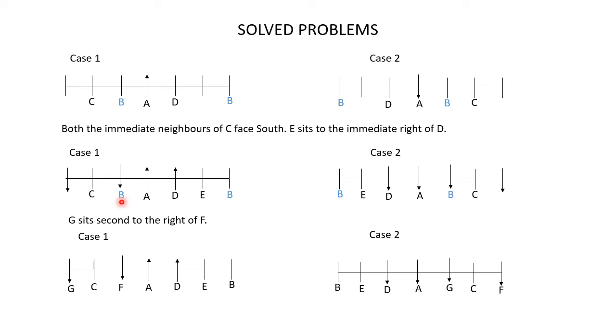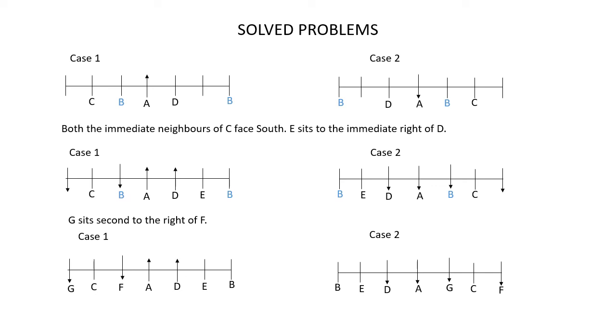So here F is facing south, and second to the right of F will be this position for G. Now you can fix the position of B here. So finally you can fix the position of G here, F here and B here in case 1.